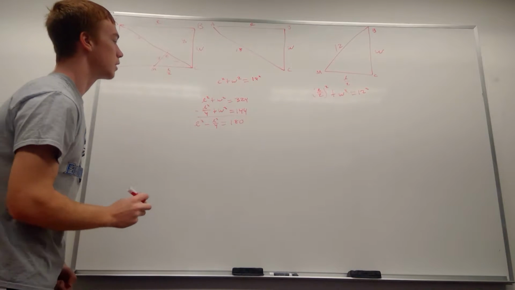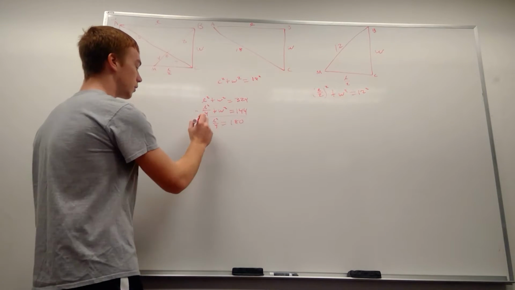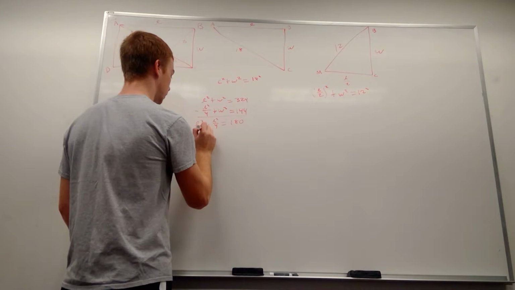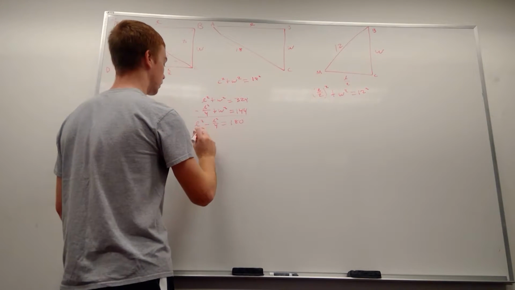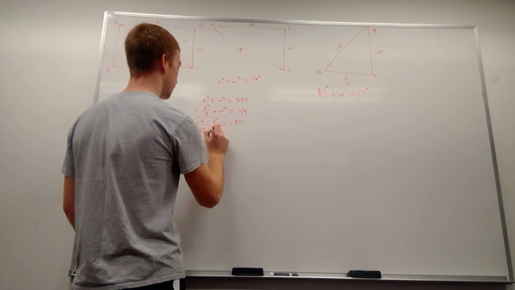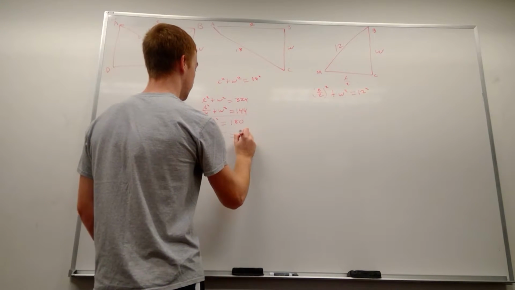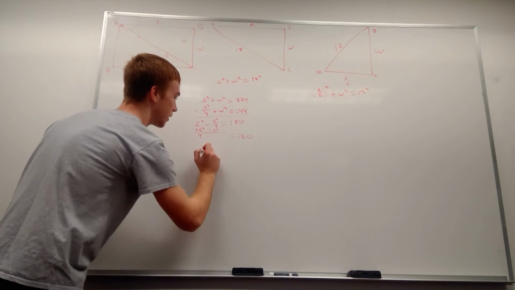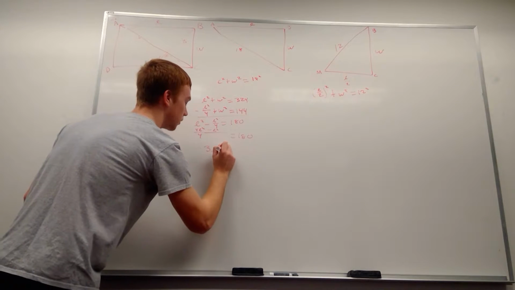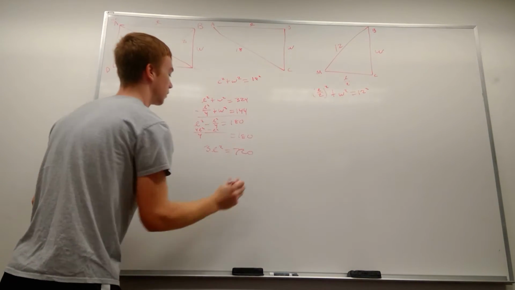Correct? Yeah, 180. So we're going to multiply this by 4 over 4. So 4L squared over 4, the whole thing's going to be over 4. 4L squared minus L squared equals 180. Multiply by 4 across, so we have 3L squared equals 720.